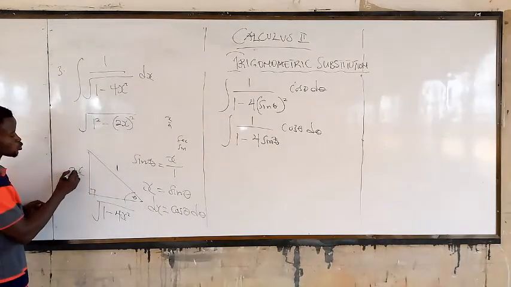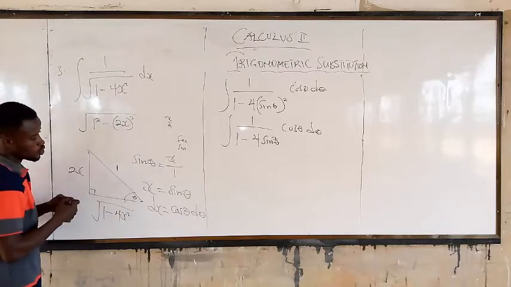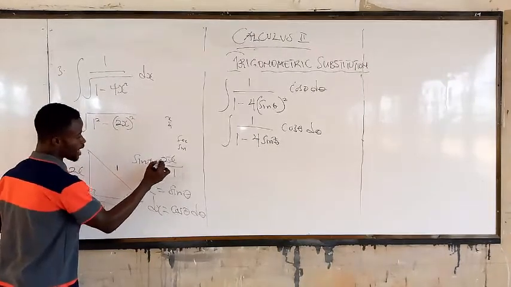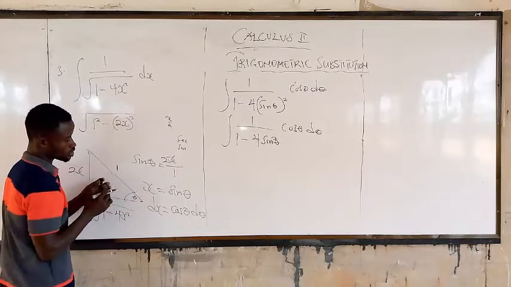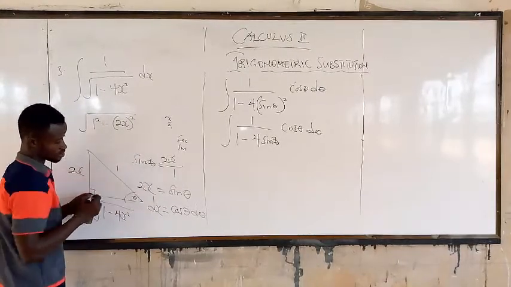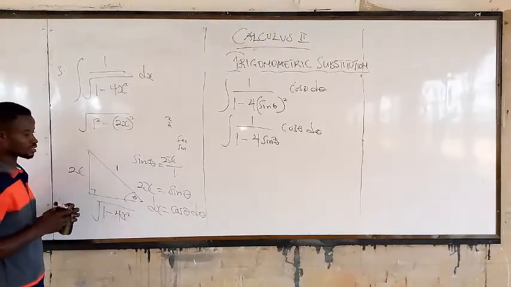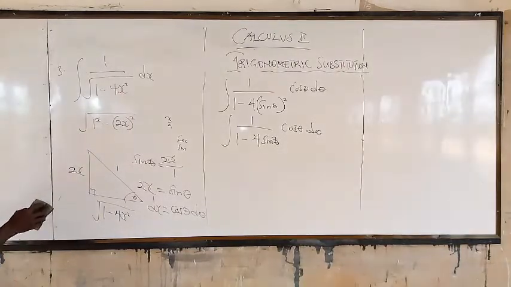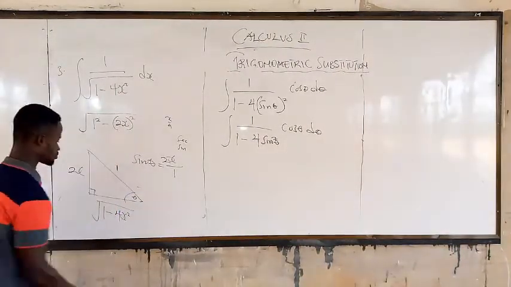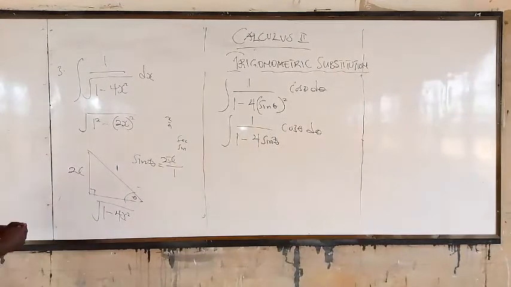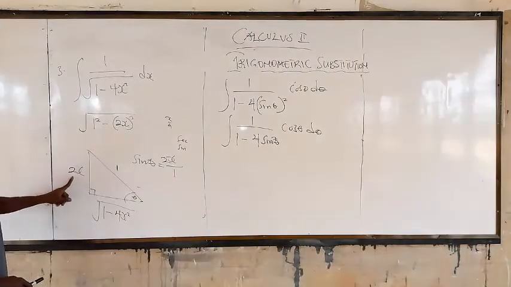So here is supposed to be 2s, here is supposed to be 2s, here is supposed to be 2s. I hope you can see that. Alright, so let's do it well.